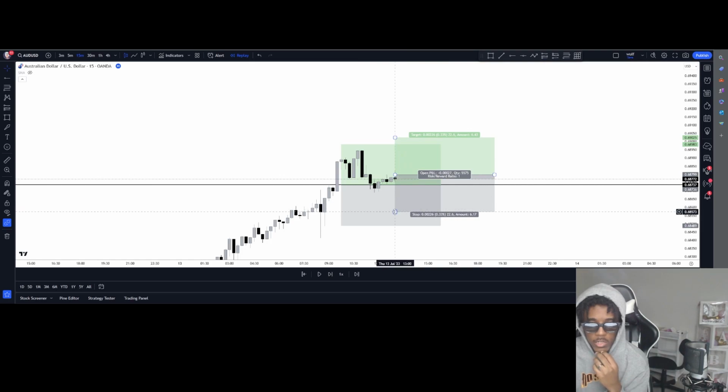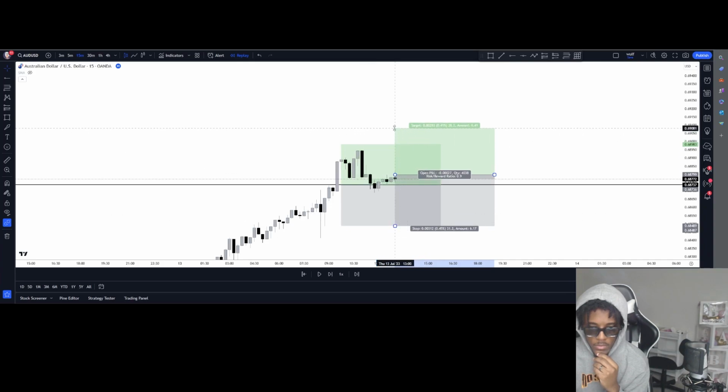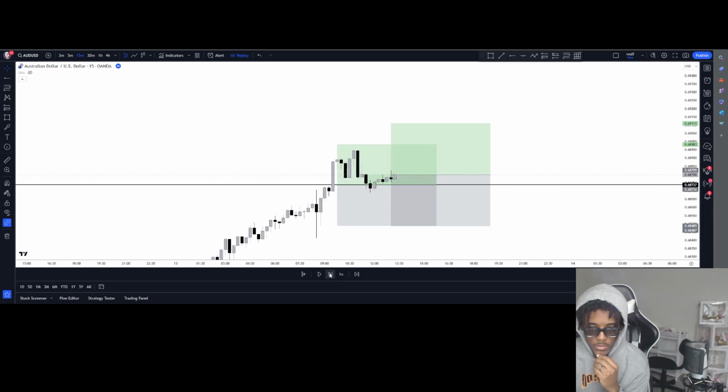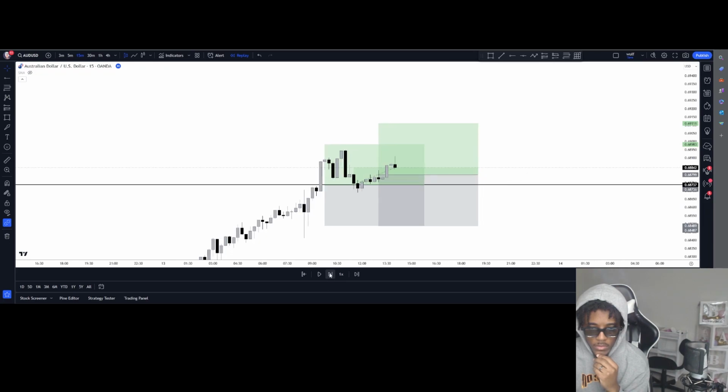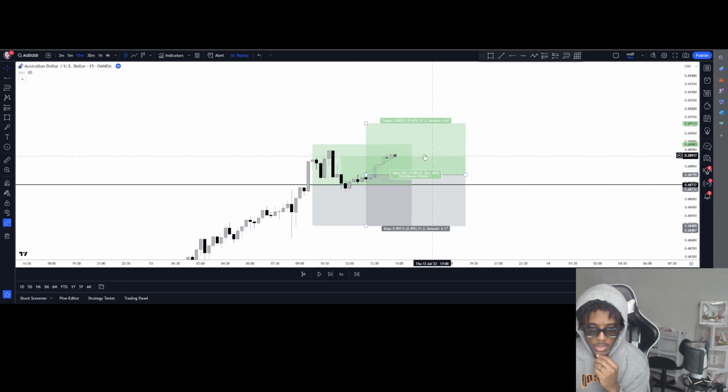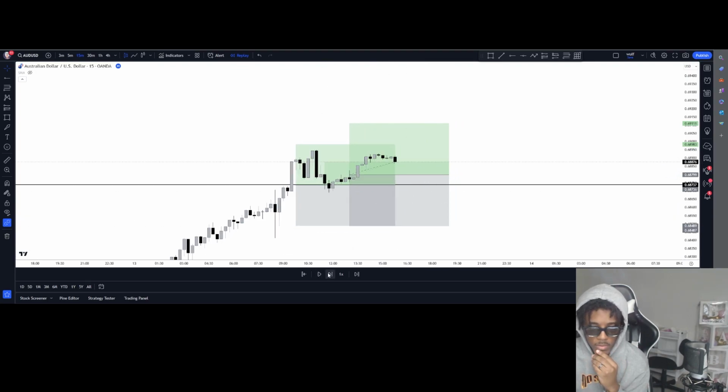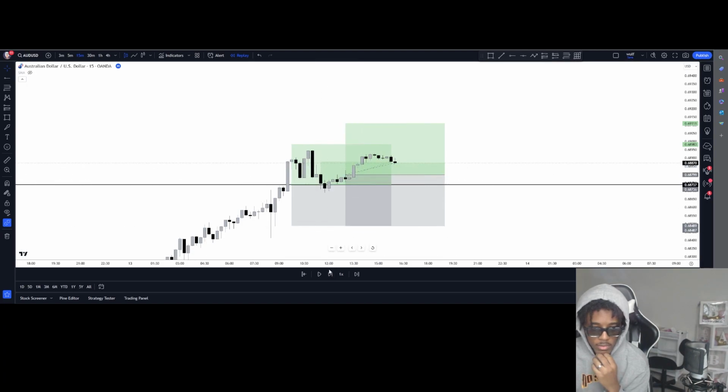Let's act like now we're in two positions. And we're in a 1-to-1 because remember, we're at a key level. We almost won that trade.